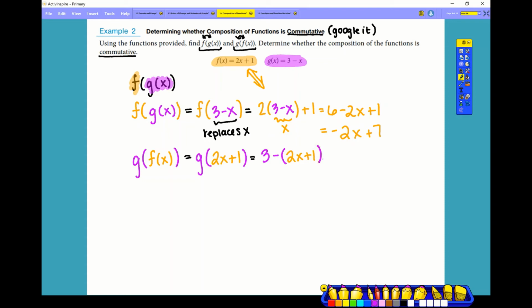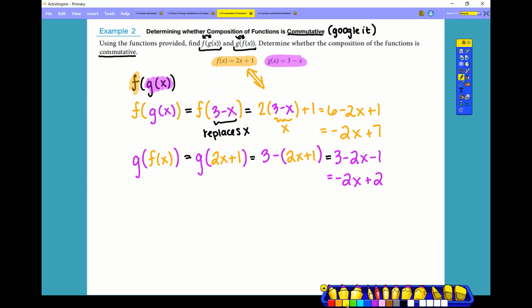So now I'm going to have 3 minus 2x minus 1. We just had to distribute that. So that gives us negative 2x plus 2.